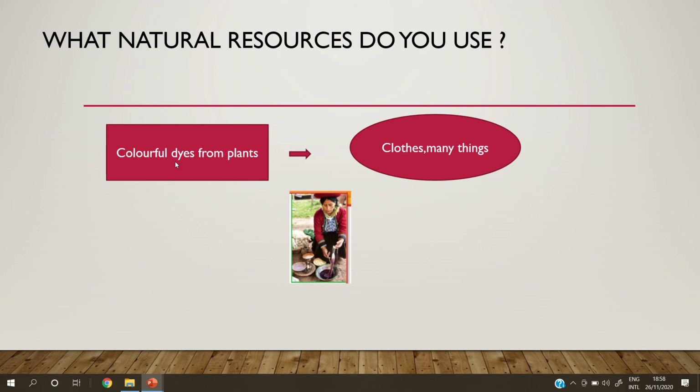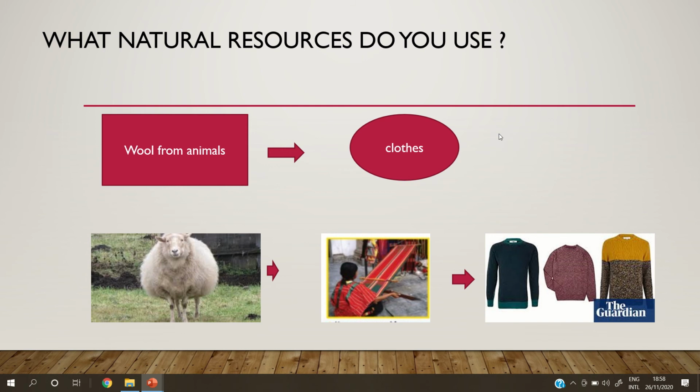And also the colorful dyes from the plants. We use these colorful dyes on clothes and many things. And what natural resource comes from an animal?